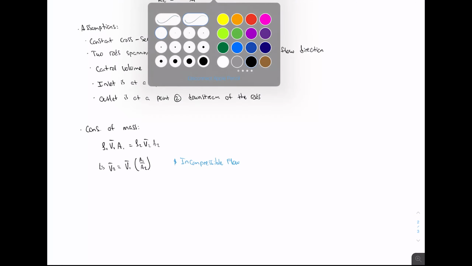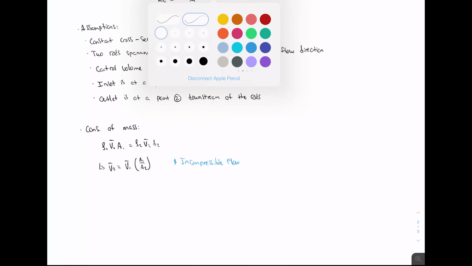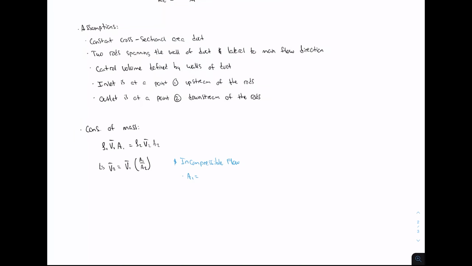Now for our geometry here, I'm going to define what the areas are. A1 equals the width times the height, and A2 is going to be the width times the height minus 2 times the width times the diameter of the duct.